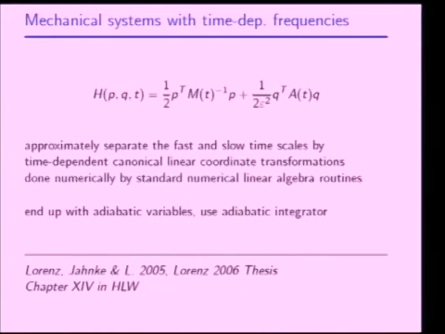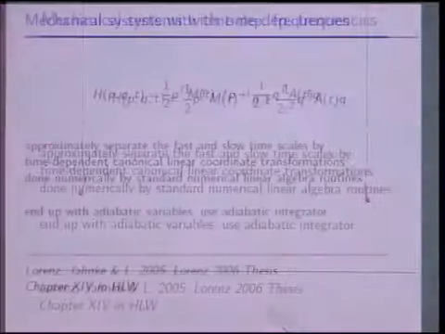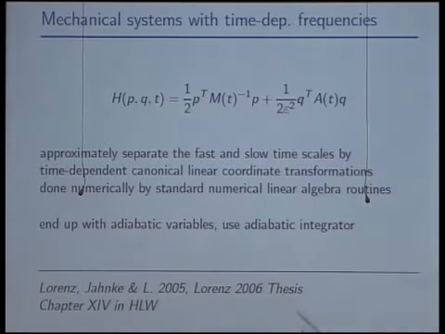Now if I carry this program through, I will end up with something which is very close to the adiabatic variables that we had previously in this Schrödinger example. And on these, I use one of these adiabatic integrators, which we also had previously. Now, this program has been carried out in chapter 14 of our book. And there's nice work on methods of this type in the thesis of Katina Lorenz from last year in Tübingen.